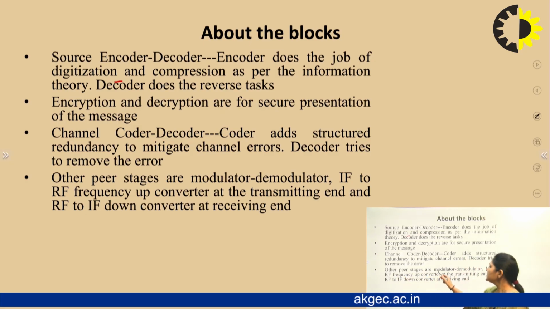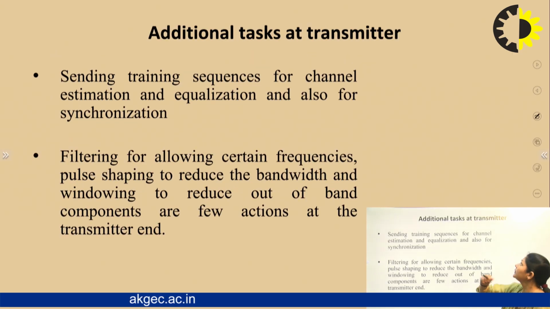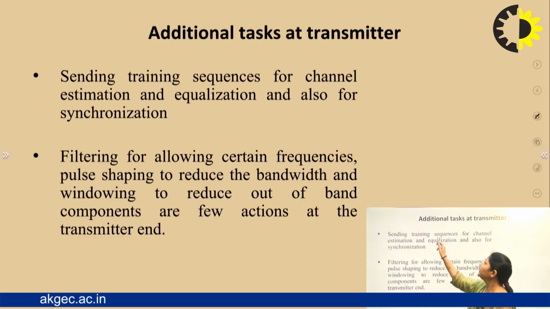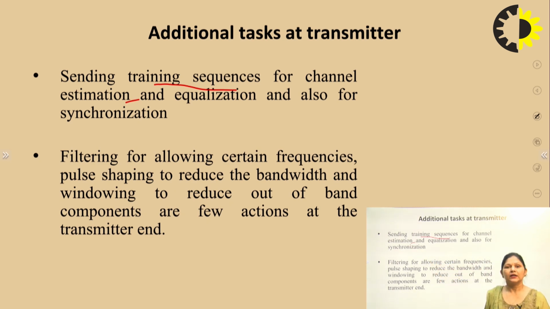Other paired stages are the modulator and demodulator, the IF to RF frequency up converter at the transmitter, and RF to IF conversion at the receiver. Now, what are the additional tasks at the transmitter? Sending training sequences. What do we mean by training sequences for channel estimation? As we are talking about a wireless channel, wireless means there is no connection between transmitter and receiver.